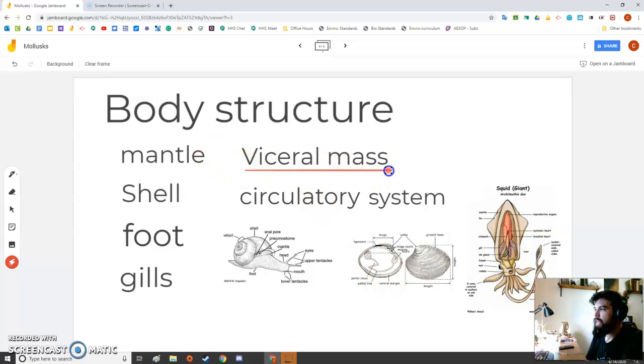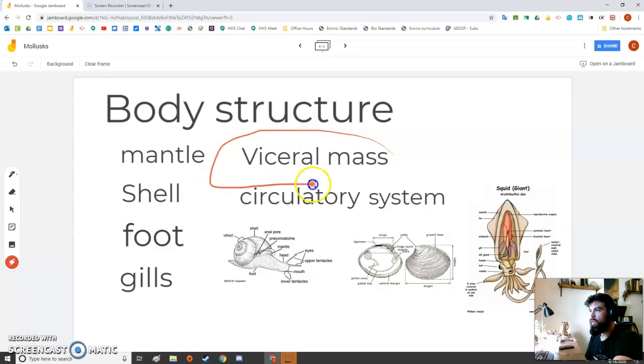Then we have this thing called a visceral mass. Now notice, with every other animal phylum we have talked about so far, I have talked about a main advancement, a thing that makes them more complex than all the previous animals. This is that for our mollusks. The thing that makes a mollusk more advanced is a visceral mass. What is that?